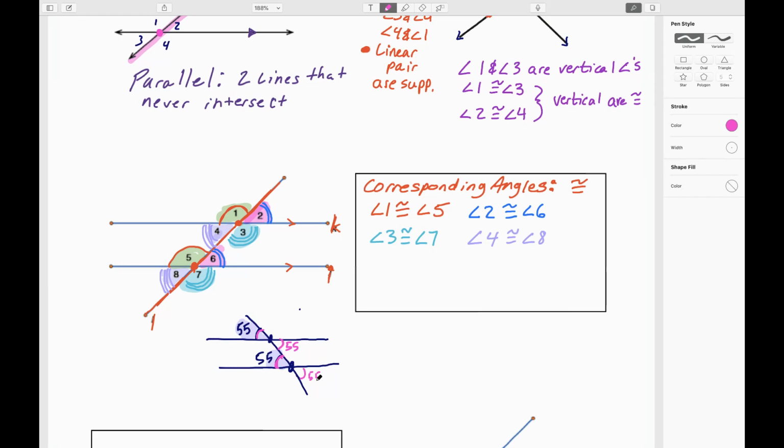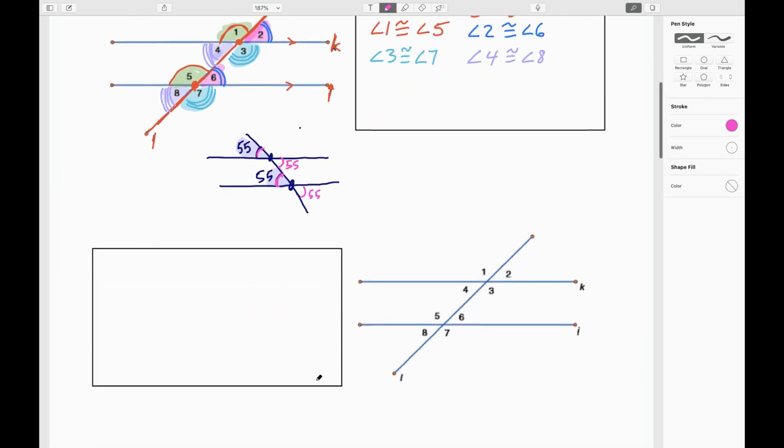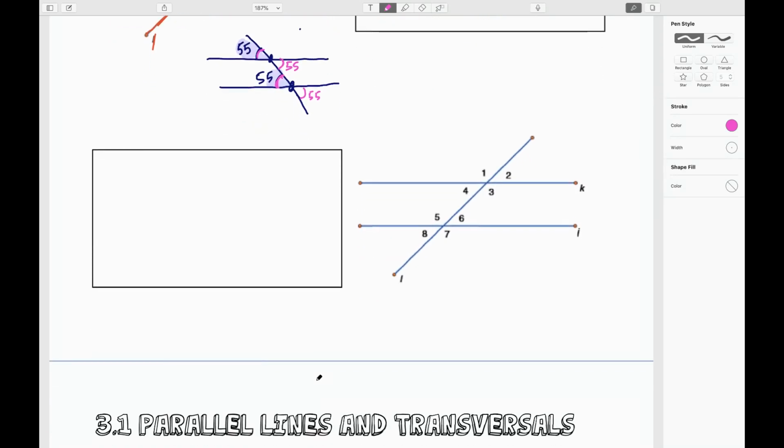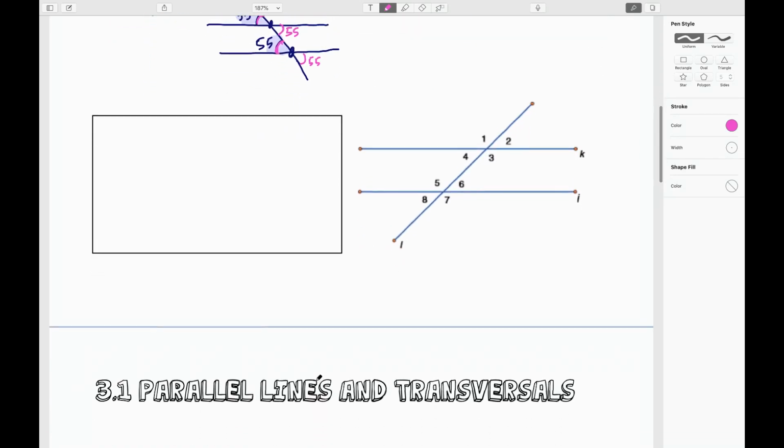Okay, so then this next one. What we're going to be looking at now is a different type of angle. Now this one requires you to have a general idea of some positioning. The first thing I'm going to talk about here is the fact that there is an area of space between the parallel lines.